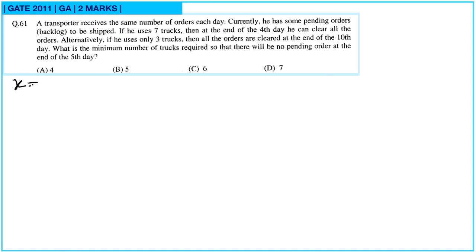Let us take x as pending orders. This is number of pending orders. And let y be number of orders received per day.